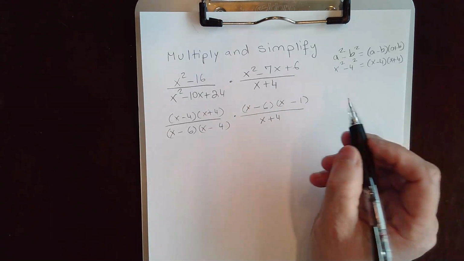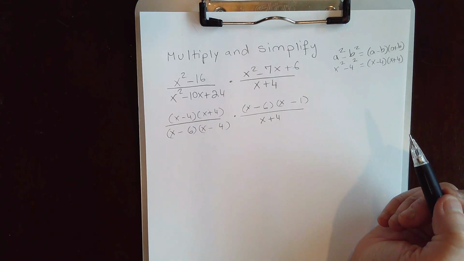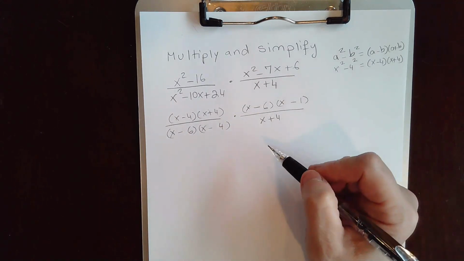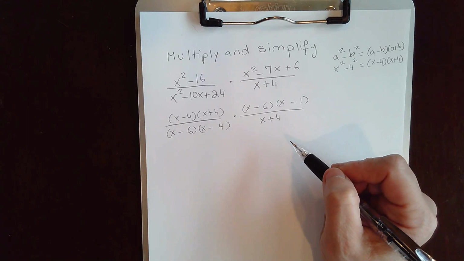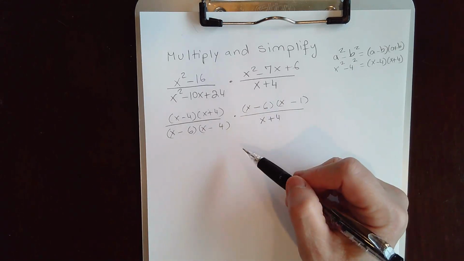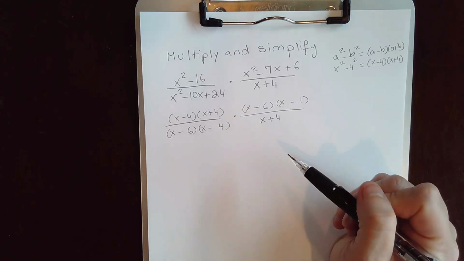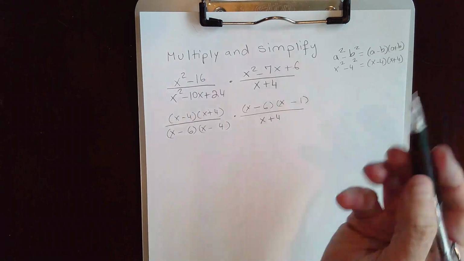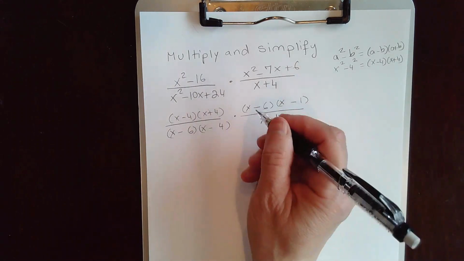Now, we factored. So now what we can do is we can simplify any common factors in the numerator and the denominator. So you can only simplify the common factors from the numerator and the denominator. Okay, you can go ahead and simplify here. You don't need to multiply, but if you have to, we can do that.